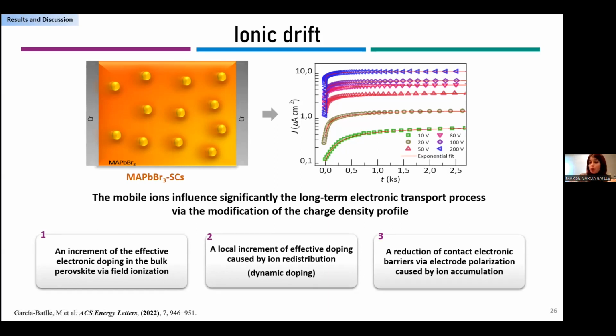It can be due to dynamic doping, something happening in the contact caused by this accumulation of ions at the interface, or maybe the three processes can occur at the same time. Of course, this is just our approach or way to see this process, but I think the main idea is that, again, we are observing that the ions influence our electronic response.